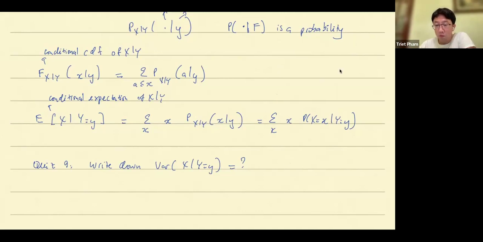All right, so what's the answer here? You remember the variance of x is the expectation of x squared minus the expectation squared of x.